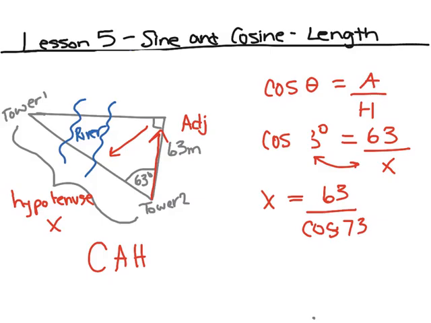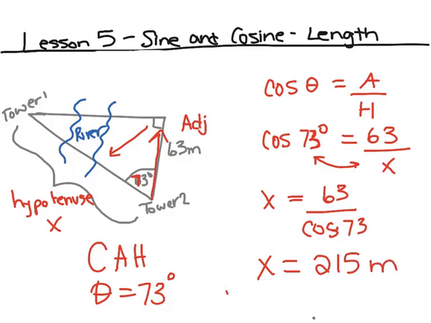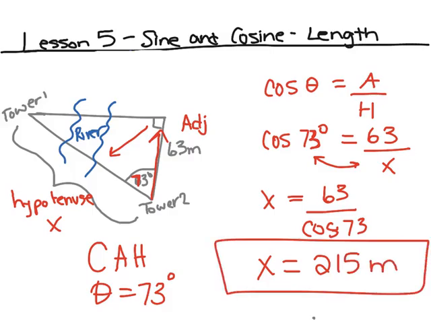I don't know why I wrote a 6. Okay, so 63 divided by cos of 73. So we know our angle is 73 degrees. That's what your notes should say. So type it into your calculator: 63 divided by cos 73, and you should get 215 meters. So the towers are 215 meters apart.